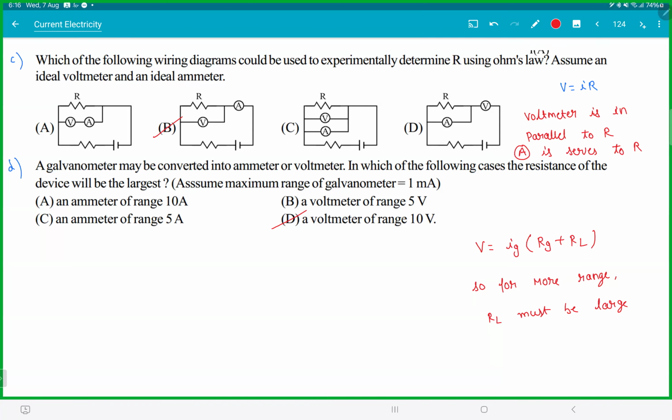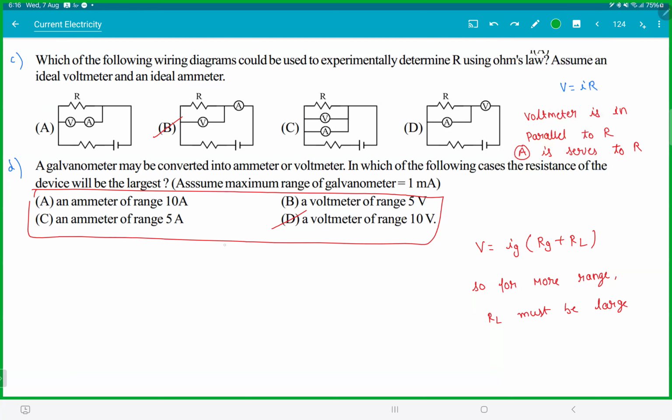Clear with this? A better question I'll ask you. If I had given you these four devices, can you arrange them in the order of resistance from the biggest to smallest? Suppose you have four devices: an ammeter of 10 ampere, an ammeter of 5 ampere, voltmeter 5, and voltmeter 10. Can you arrange these four in the descending order of resistance?